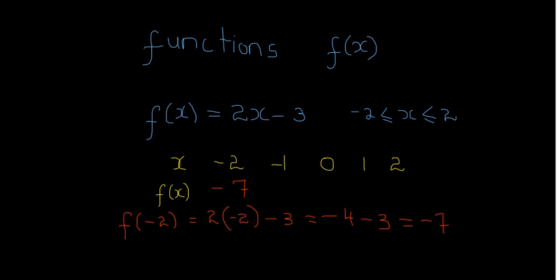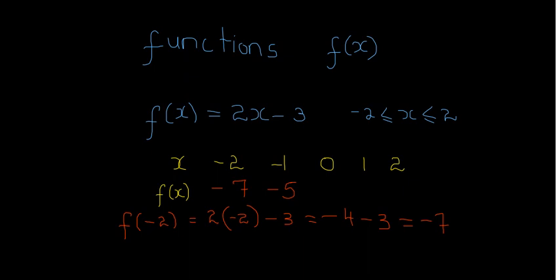I can repeat this process for every value in my domain, and I will get the set of values which belongs to the range of this function, but more specifically correspond to the values of x in its domain. For the value x is equal to -1, repeating this process, I will get -5.